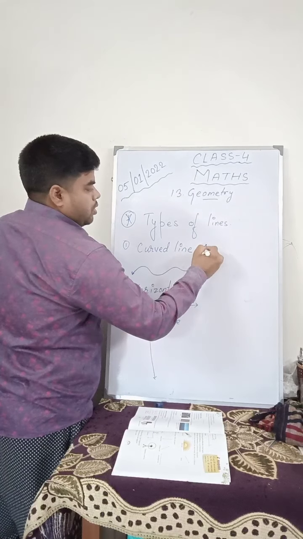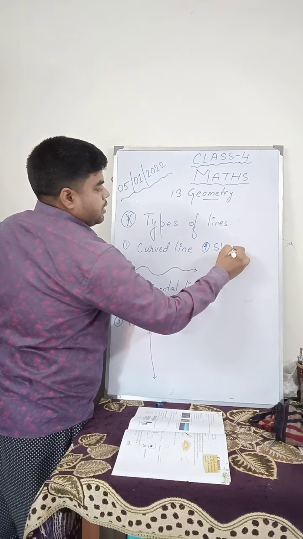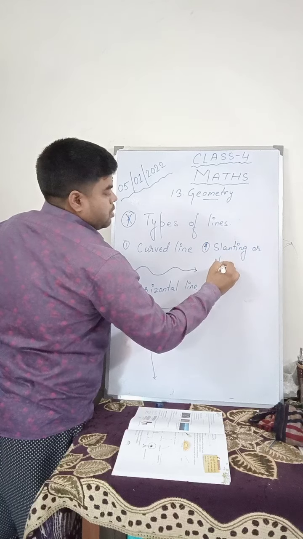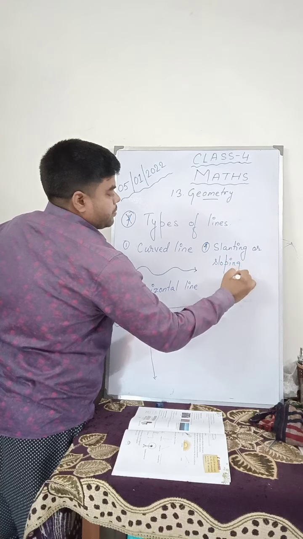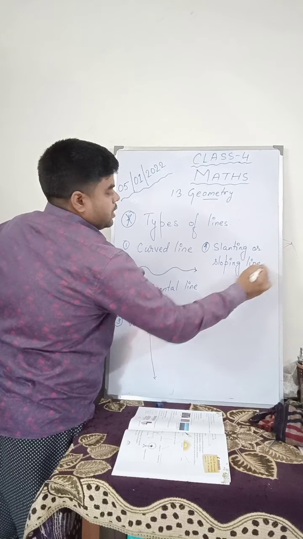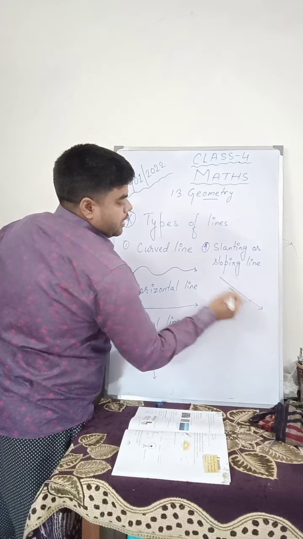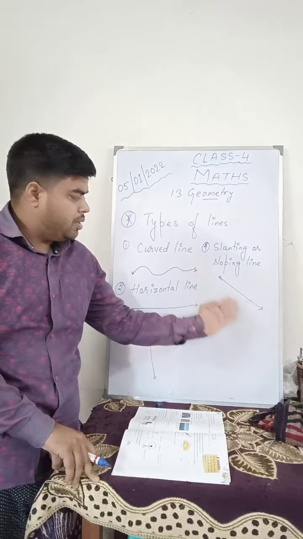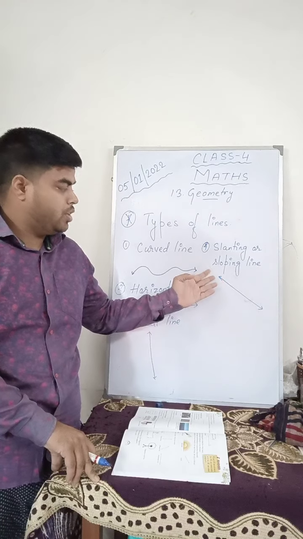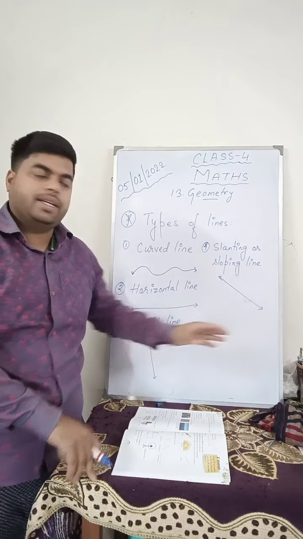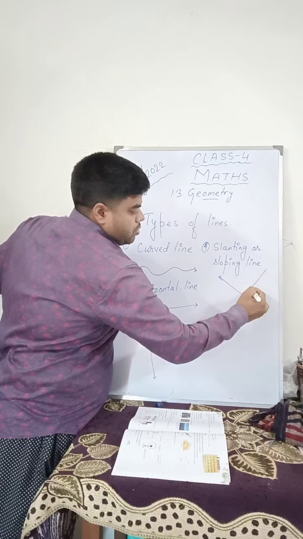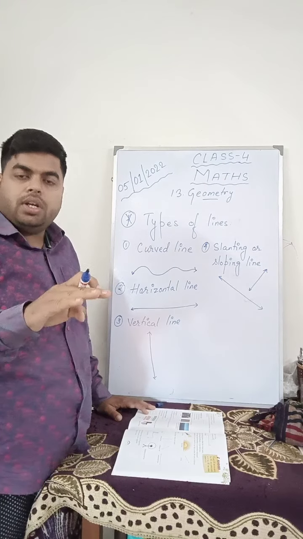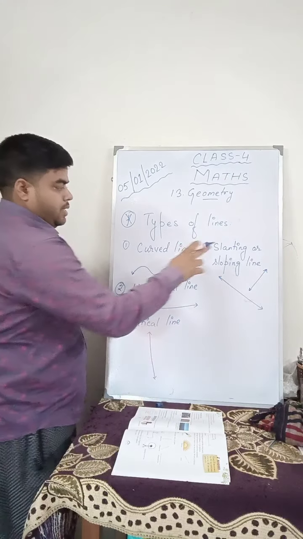Number 4, slanting or sloping lines. Anything that is not horizontal or vertical, that means it is a little bit tilted. It is not necessary that it will be on the left side, it can be on the right side also, like it can be this way also. A line that is not horizontal or vertical, it is a straight line. It is a sloping line.